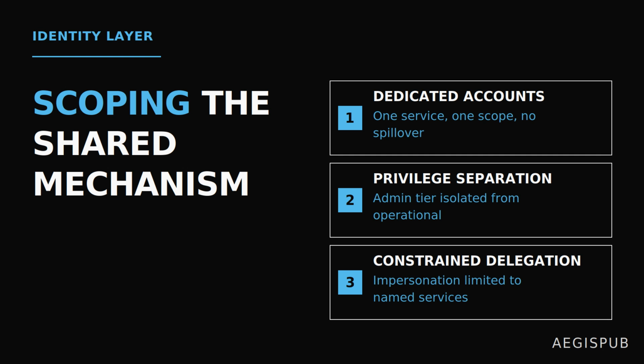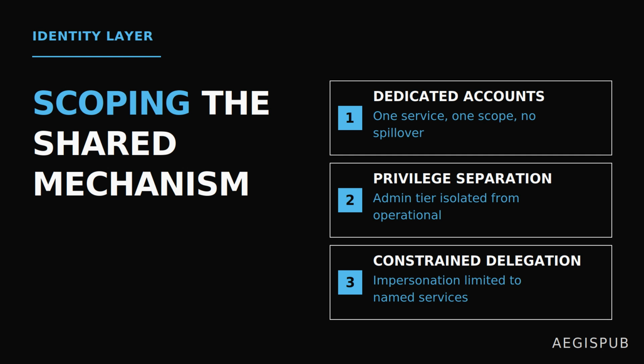Privilege separation between the administrative tier that manages identity infrastructure and the operational tier that uses it means that compromising an operational account does not give the attacker the ability to create new accounts, modify group memberships, or alter authentication policies.